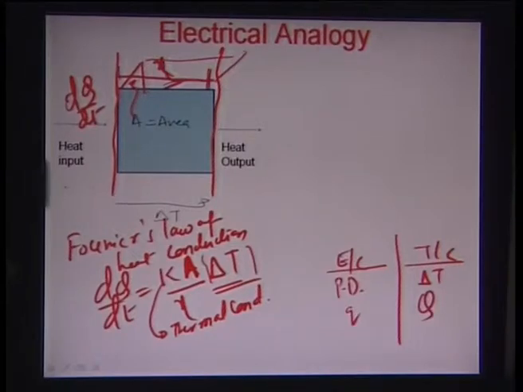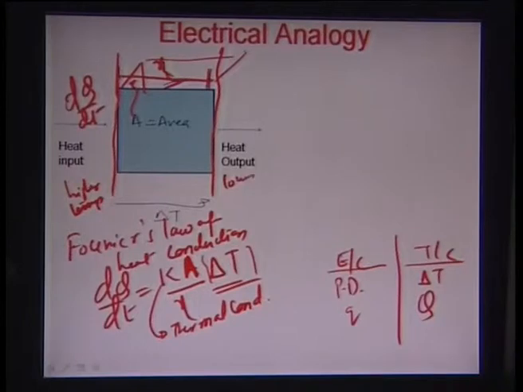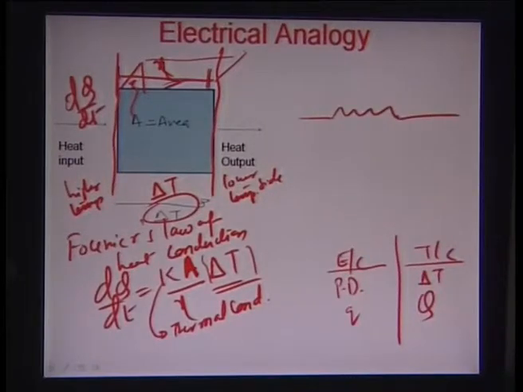So this is certainly the higher temperature side. This is the lower temperature side, and delta T essentially is nothing but the difference between the two temperatures. If you put a circuit equivalent, this can be more analogous to a resistance, that you have a current across it, which is also the rate of flow of charge.